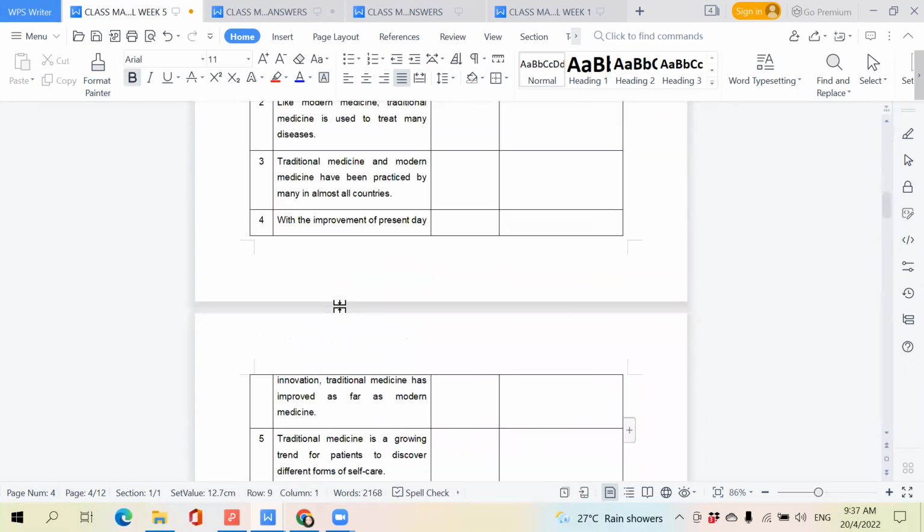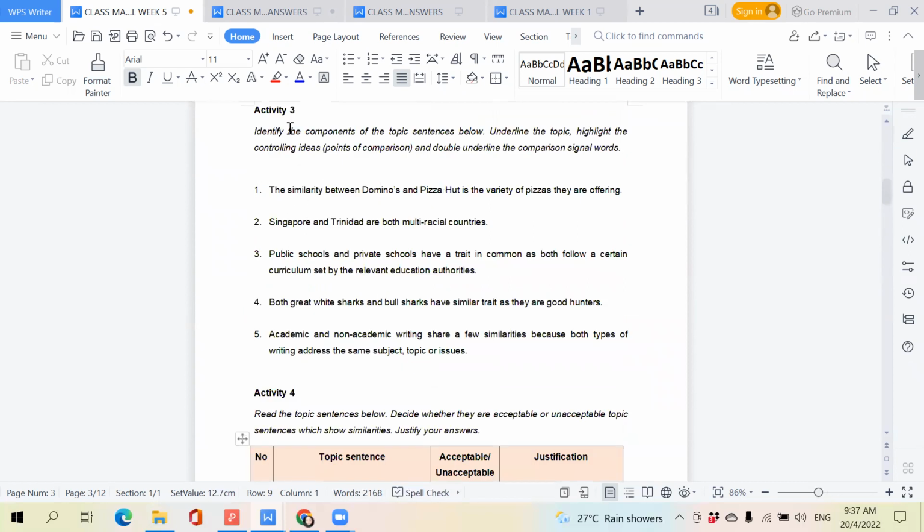Anyway, how do you write? This is the example of how you write. This is a good example.